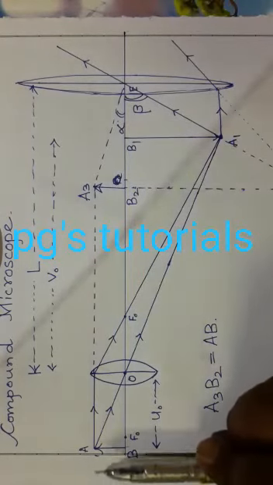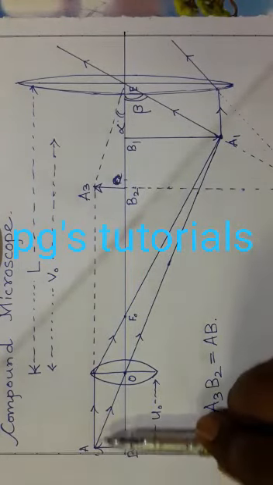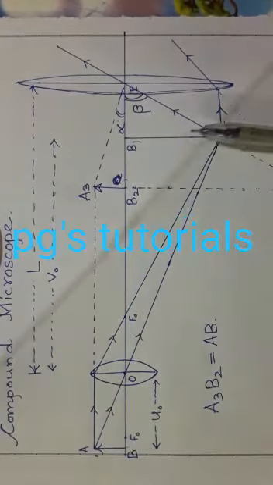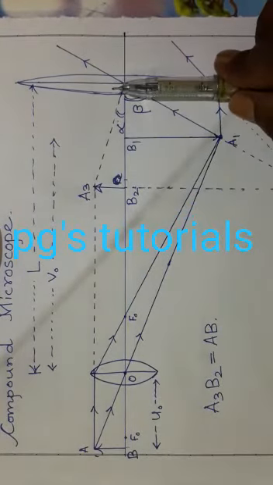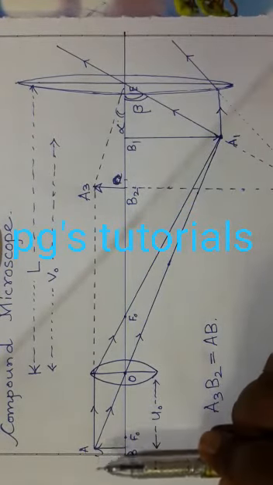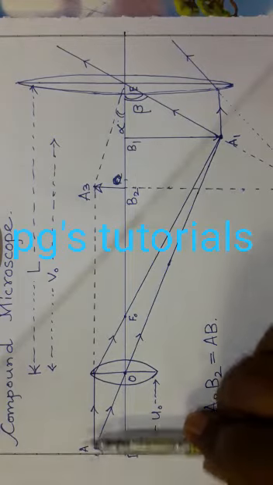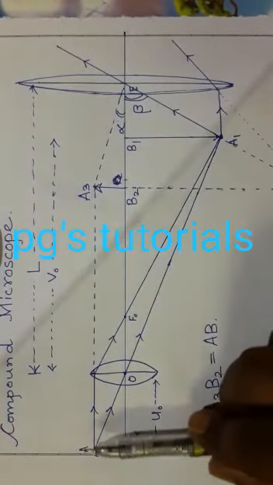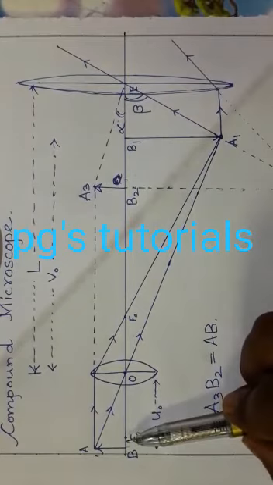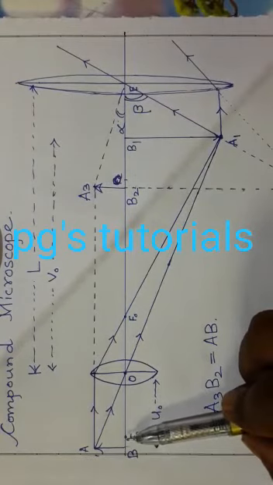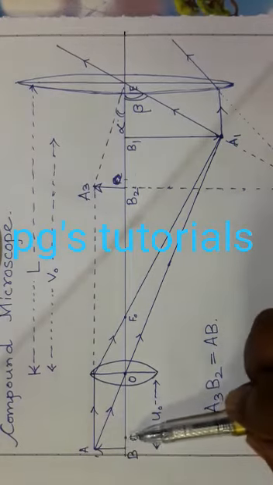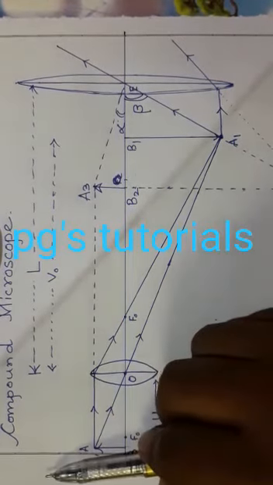As we know, when the object AB comes closer to the objective, the image A1B1 will move away. Now the object AB can go maximum up to F0, but it cannot go exactly at F0, because if the object is placed at F0, the image will be virtual.